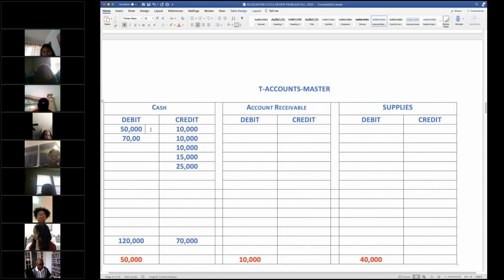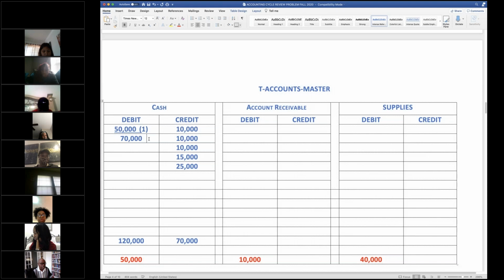Okay, this is transaction 1 here. That was 50,000. This is 70,000 here. 70,000 was number 8, correct? Cash was credited 70,000 for number 8.